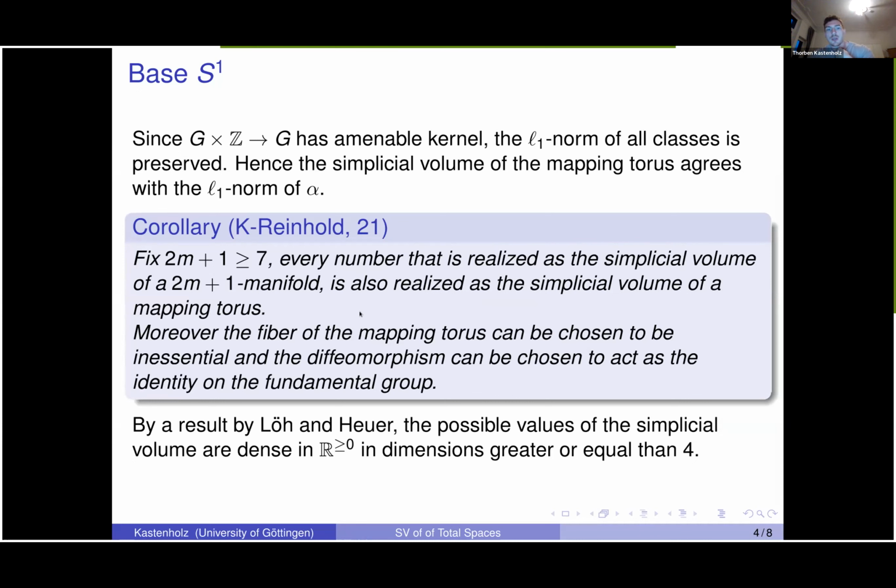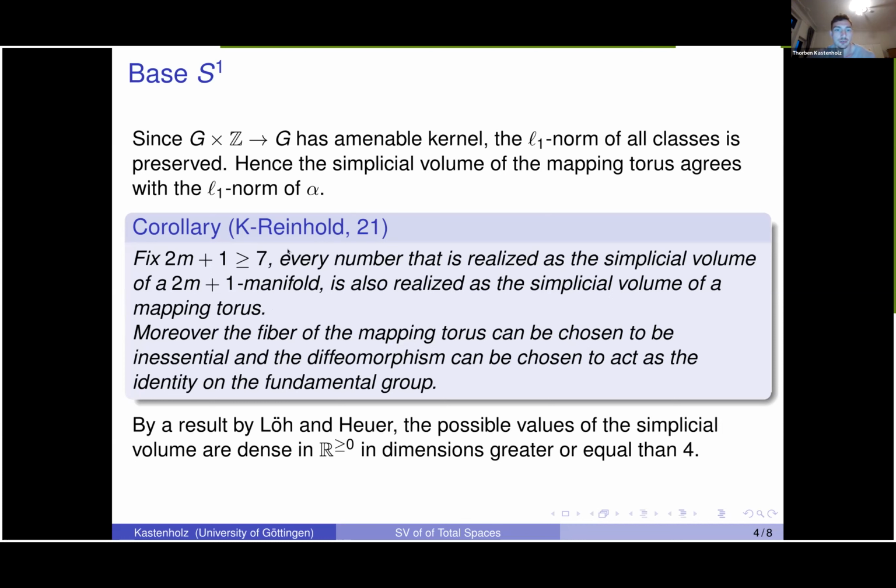But here in this case, we have now a mapping torus where the fiber is inessential, so it is somehow not seen by the fundamental group. And the diffeomorphism acts as the identity on the fundamental group. And so it somehow also doesn't contribute to the fundamental group again. But somehow, if we consider the twisted mapping torus we get using this diffeomorphism, we get something interesting in fundamental groups.